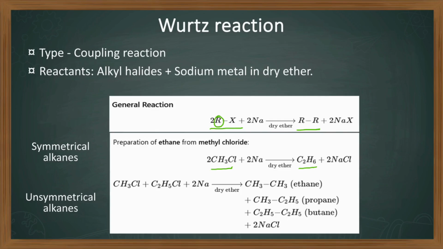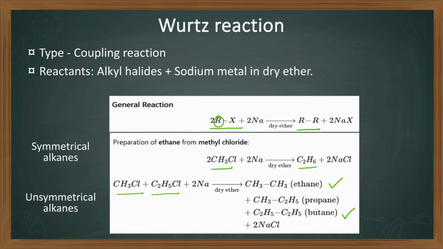Instead of taking one alkyl halide, if I choose two different alkyl halides, I would get a mixture of products as listed here. When we take methyl chloride and ethyl chloride, when two methyl units combine, ethane is produced. When two ethyl units combine, n-butane is produced.